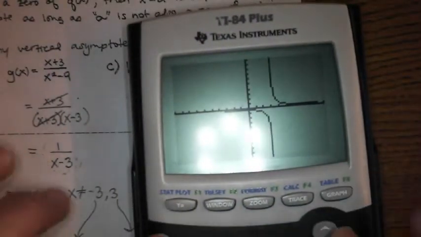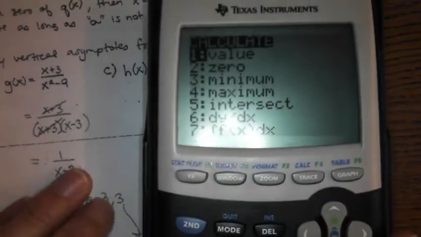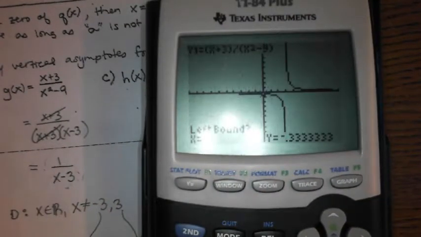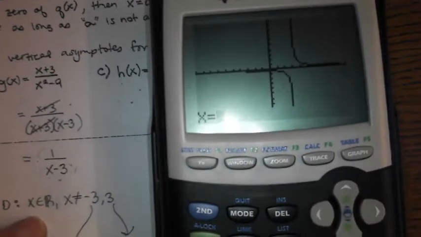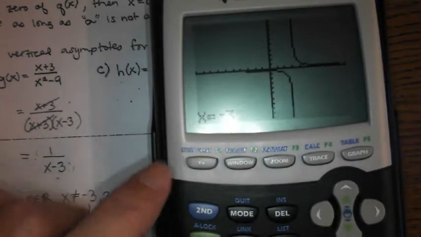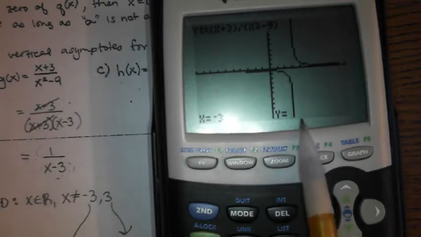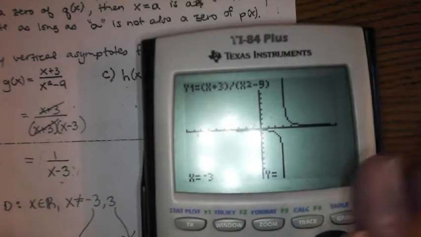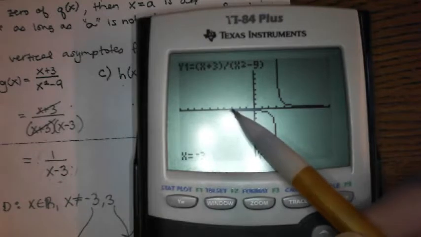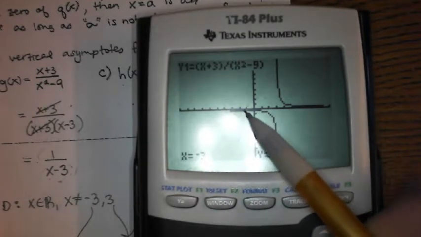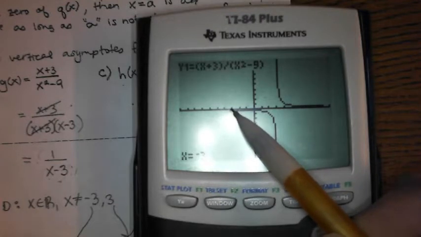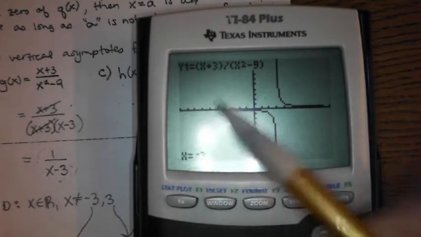It's instead a hole. For example, if I go to trace and I find the, not 0, second trace, and I look for value, and I want to find the value of this graph at x equals negative 3, it's going to come up blank because there's a hole there. So if I were doing this by hand, I would make a very obvious hole there. This graph is going to come up to that point, there's going to be a hole there, and it's going to go out of that point.